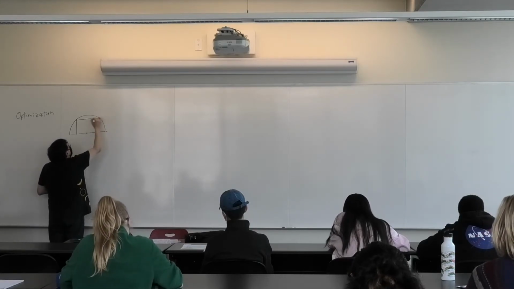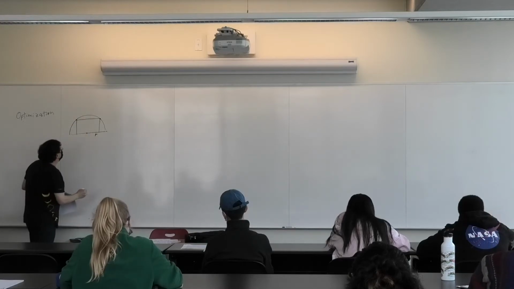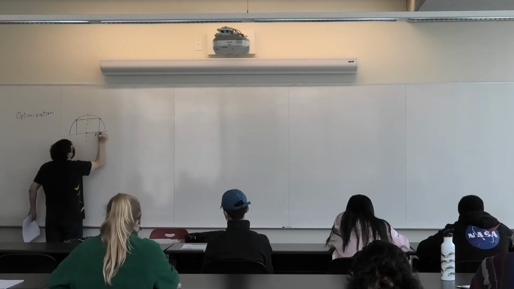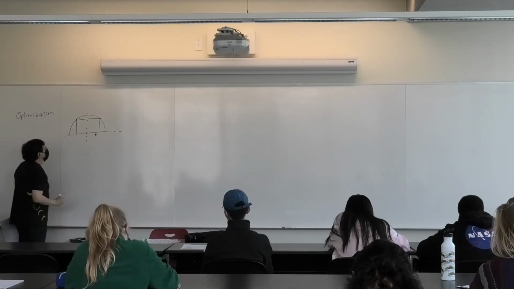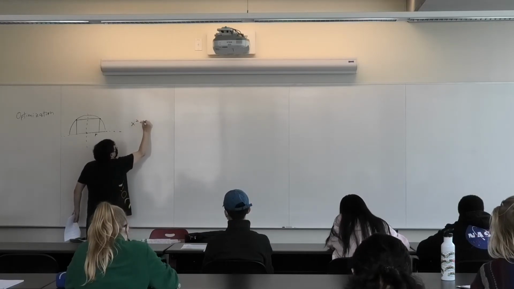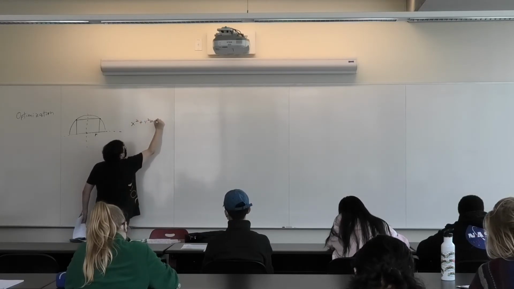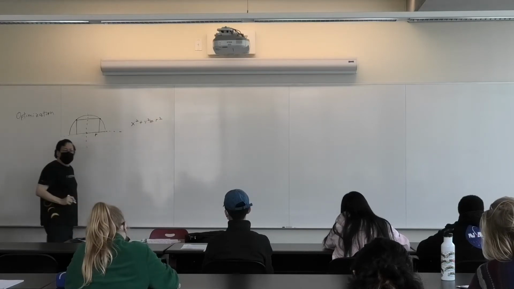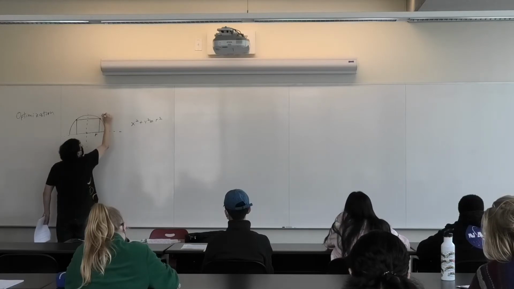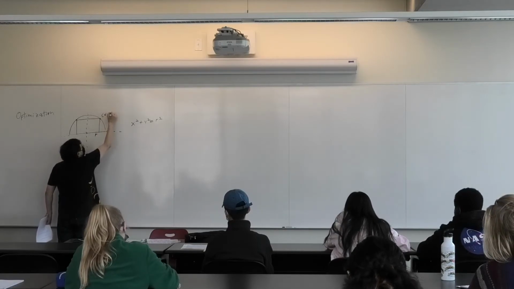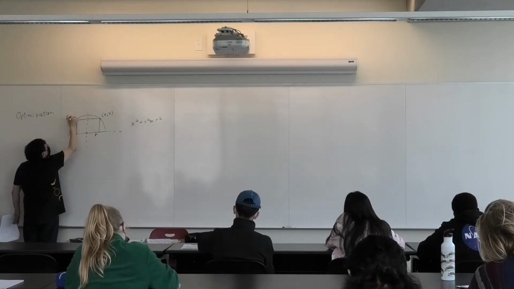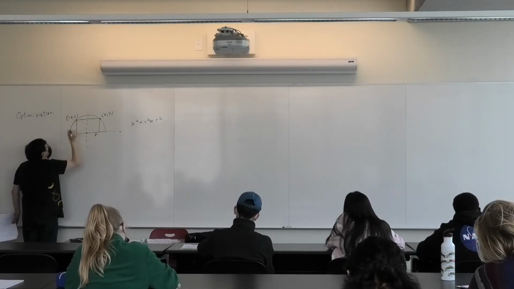Well, one way to look at this problem is, let's think of this as a circle graphed on a graph, in which case we know that x squared plus y squared equals r squared, or at least we should know that. So if we label one of the vertices x comma y, the other vertex will be negative x comma y.